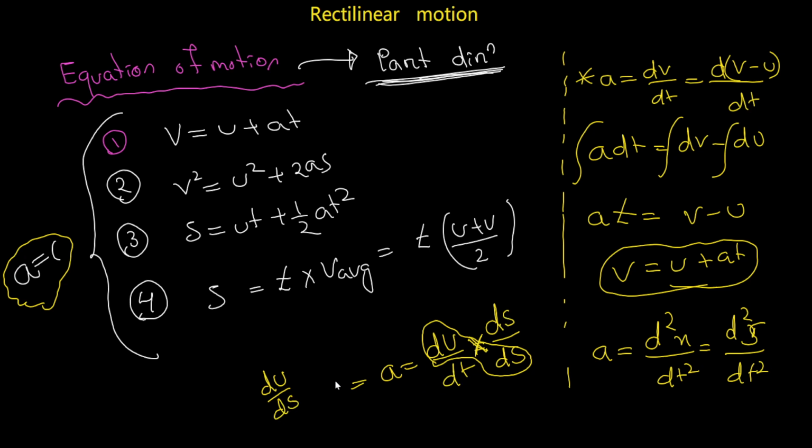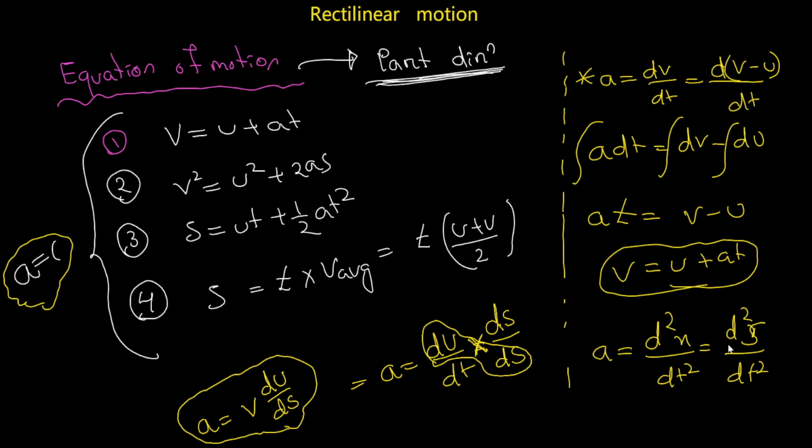The ds by dt is nothing but velocity. So I can write acceleration as velocity into dv by ds, with respect to displacement. In this form also you can write the acceleration. So this was the equations of motion, which you have to apply in a particular direction. You just remember this much.